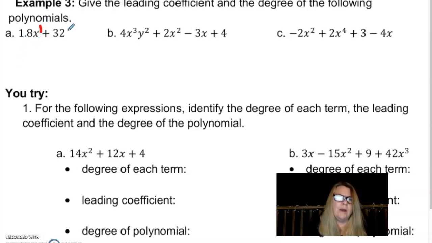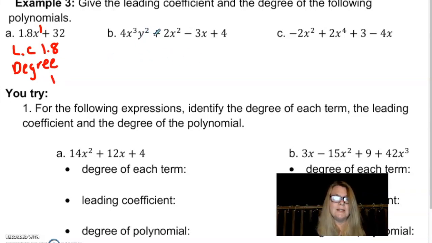So we've got 1 and then we've got the exponent of 0. So that is in standard form. So the leading coefficient, and I'm going to just abbreviate, the leading coefficient is the coefficient of the first term. So it's 1.8. The degree of the polynomial is the highest exponent, which would be 1.